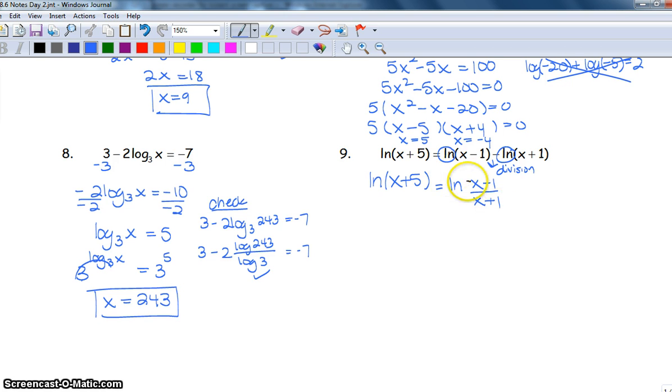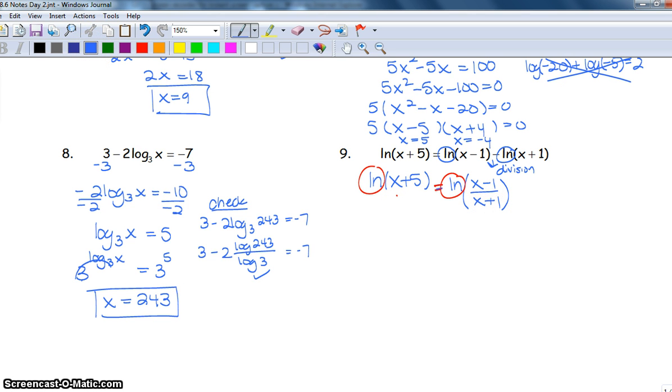The next thing that you need to see here is they both have natural log. Since there's a natural log piece on the left side and the natural log piece on the right side, and there's nothing else, in order for those two pieces to actually be equal, like our equal sign says, then those numbers inside have to be equal.